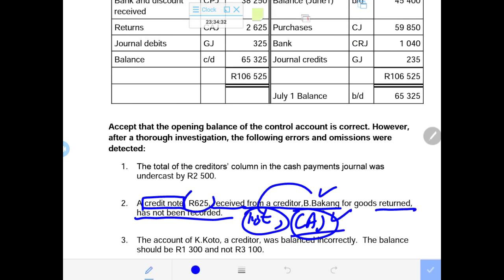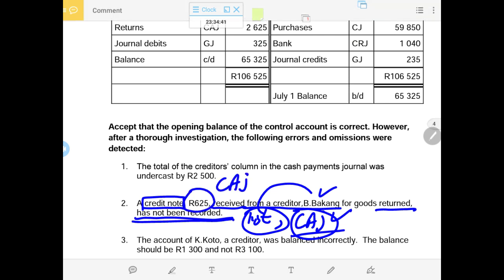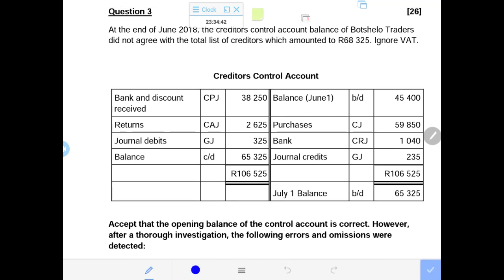Now let us start with the creditors allowance journal. When we return goods, we record under the creditors allowance journal. In this case, they said it has not been recorded. And now when we return goods, we record on the debit side of this ledger account. There are the returns. So how are we going to do?